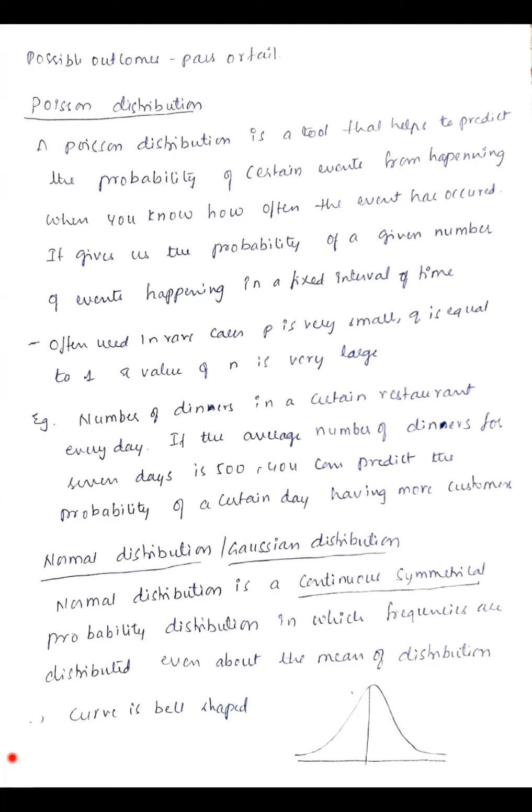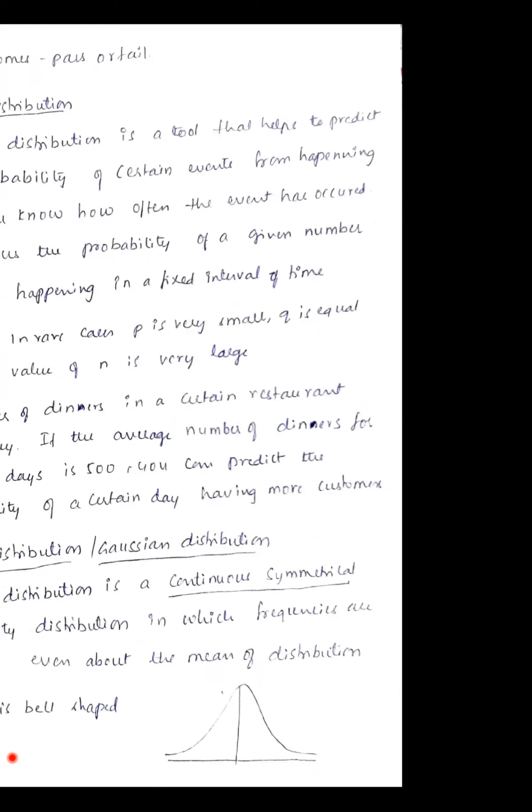It is a bell-shaped curve on both sides, towards the left and towards the right. Symmetrically, the frequencies are distributed evenly about the mean of the distribution.